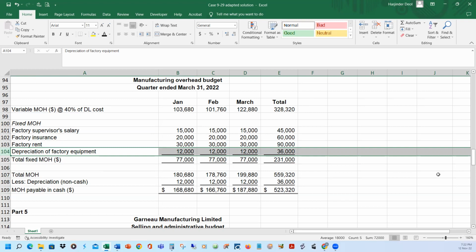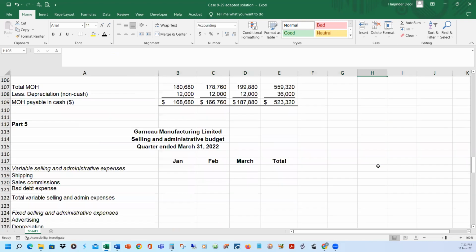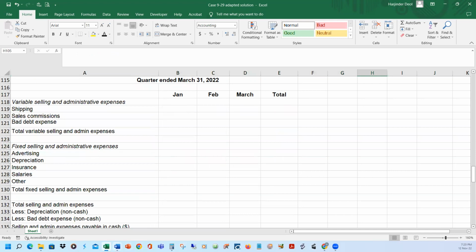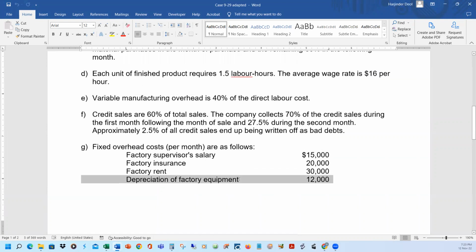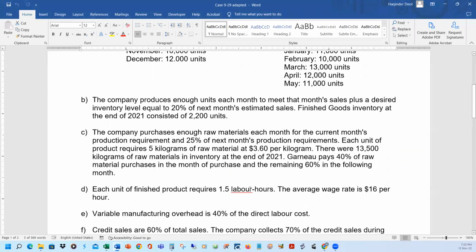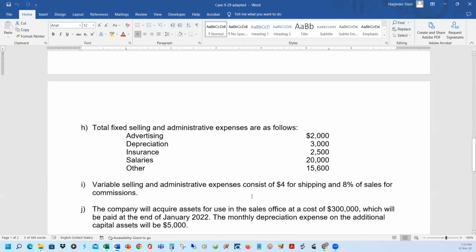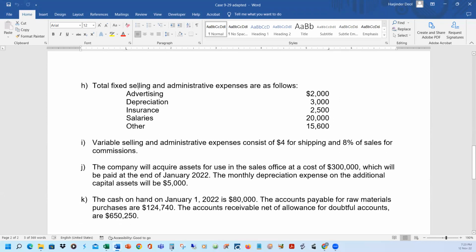Next up, we will prepare a selling and administrative budget. So selling and administrative budget also has a fixed portion and a variable portion. If we scan through the information provided, we are given information about the fixed selling and administrative expenses. We have advertising, 2,000, depreciation, 3,000, insurance, 2,500, salaries, 20,000, and other selling and admin expenses are $15,600.